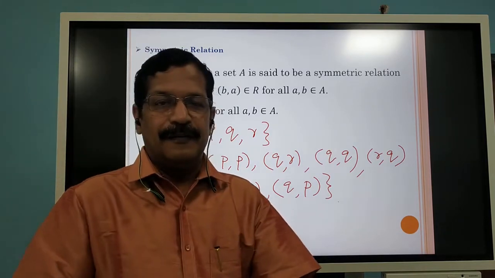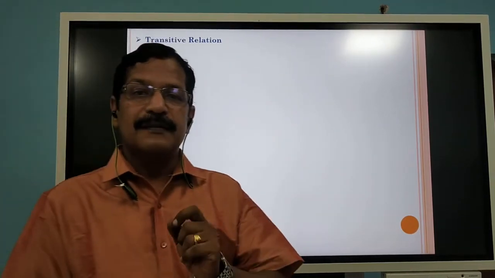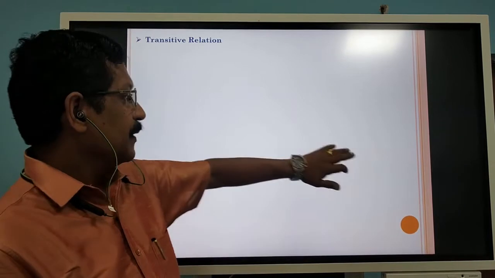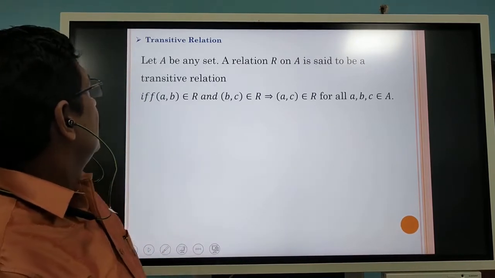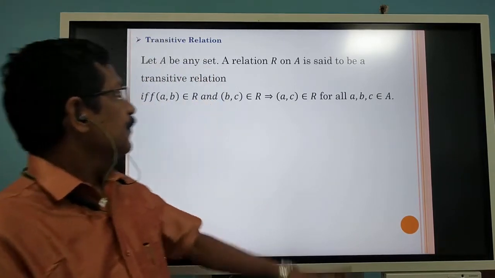Okay. Now, let us discuss the next type of relation, and that is called the transitive relation. Let A be any non-empty set, of course.